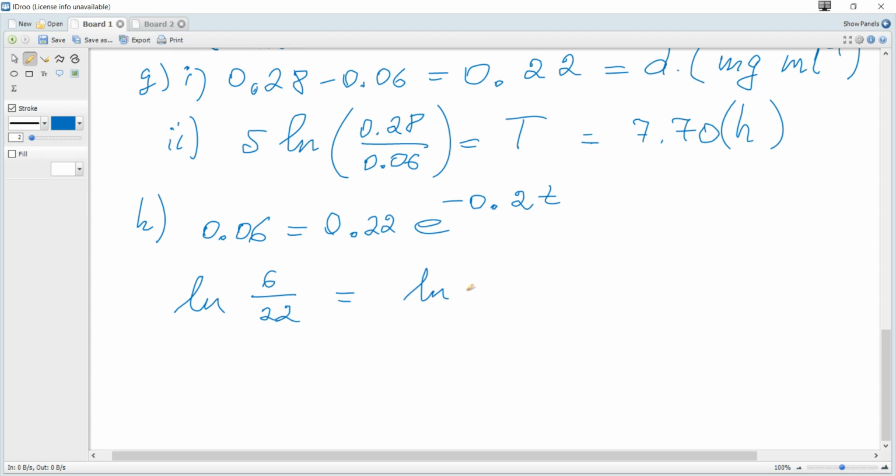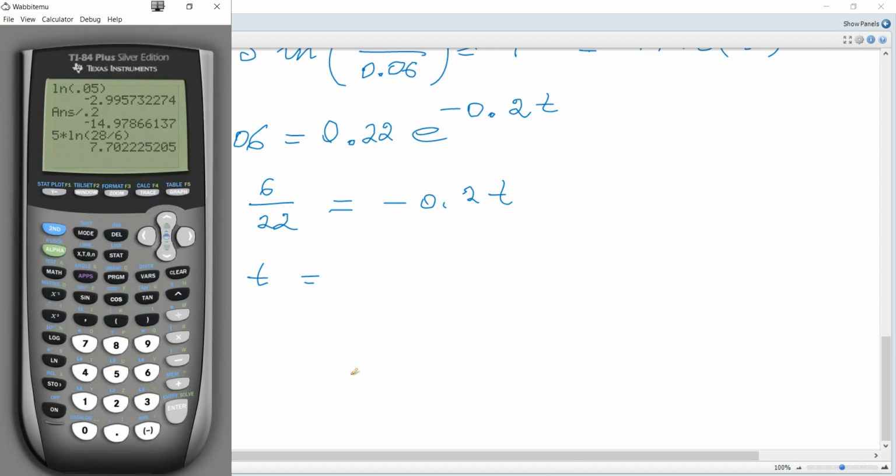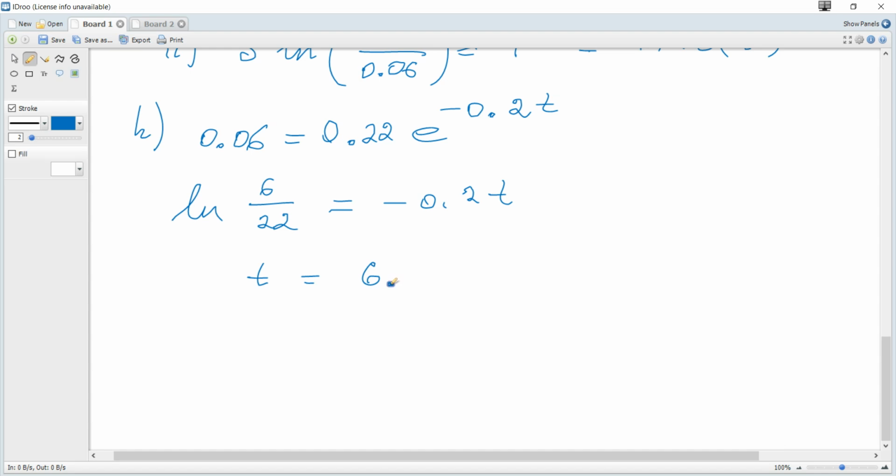It becomes ln of e to negative 0.2 t, which is negative 0.2 t ln of e, which is 1, and hence t is ln of 6 over 22, and the minus is cancelled, and then divided by 0.2 to get 6.50 to 3 significant figures, but it's an intermediate result, so let's take it to be exact, 6.4964 and so on hours.